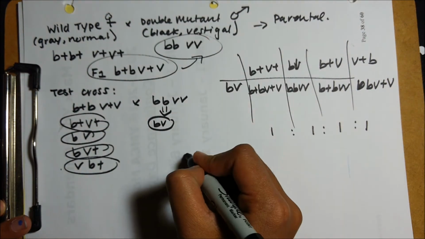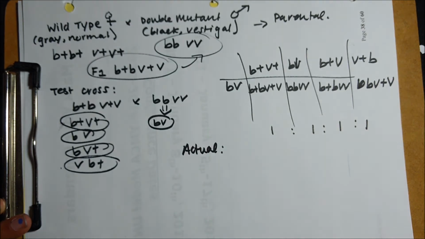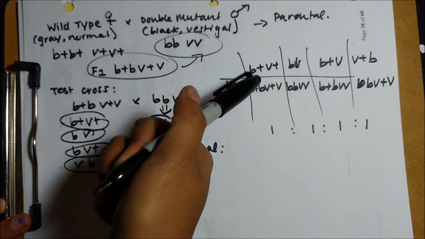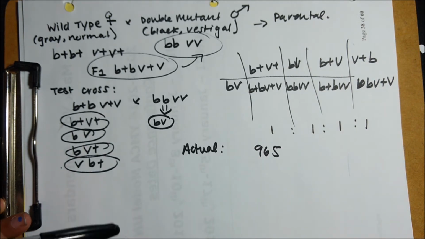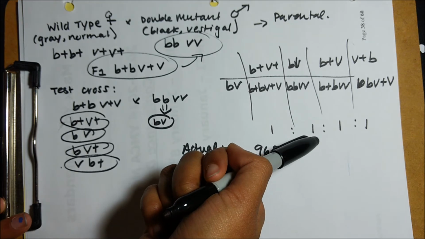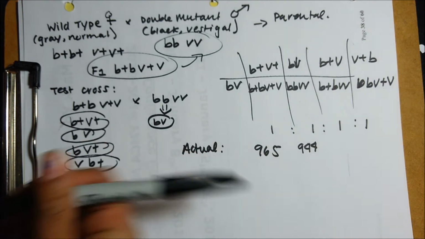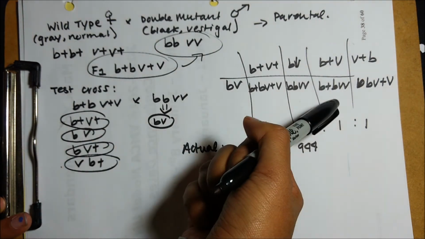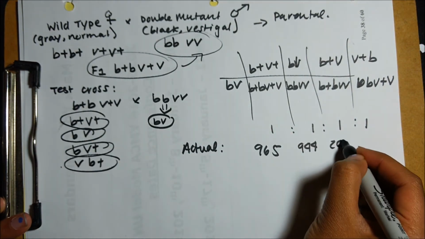However, Morgan's actual experiment gave us data that looked like this. The two wild types had 965. The completely mutant had 944. The gray and vestigial had 206.